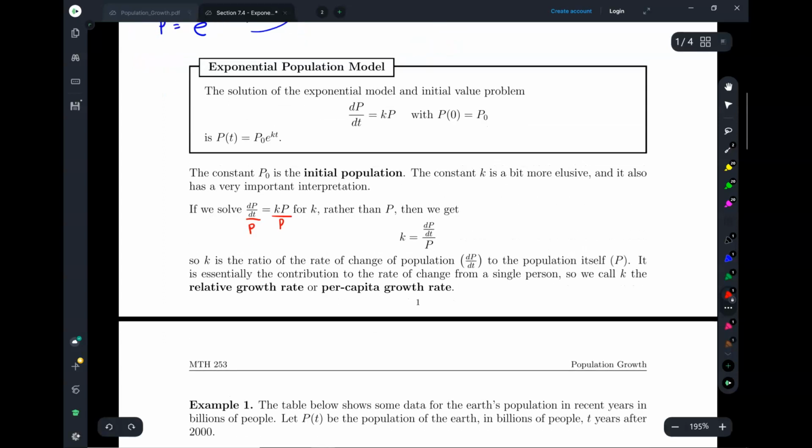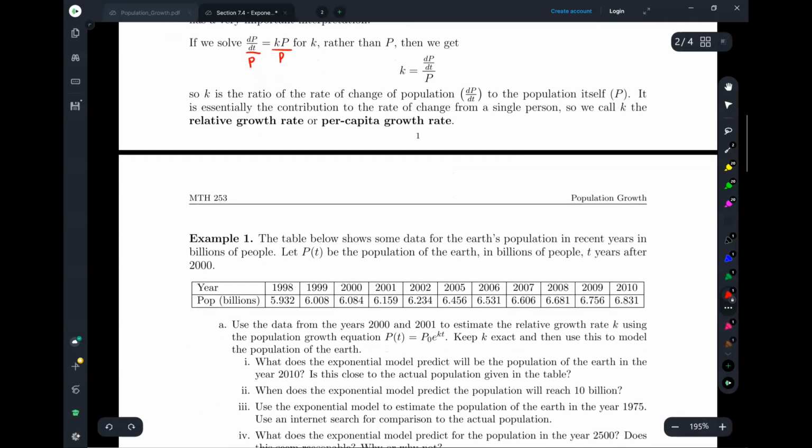So you can think of k as being the ratio of the rate of change of the population, that's dp dt, and the population itself, p, right? It's the ratio of those two things. So it's essentially the contribution to the rate of change from one single person, one single p for population, like how much rate of change they're going to contribute to that population. So we call k the relative growth rate, or sometimes the per capita growth rate.